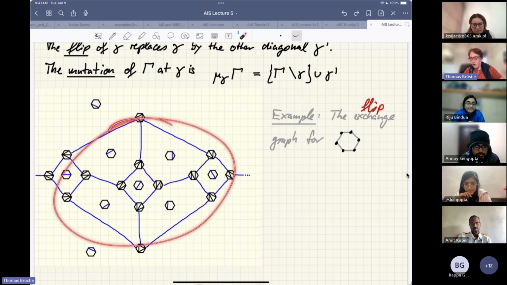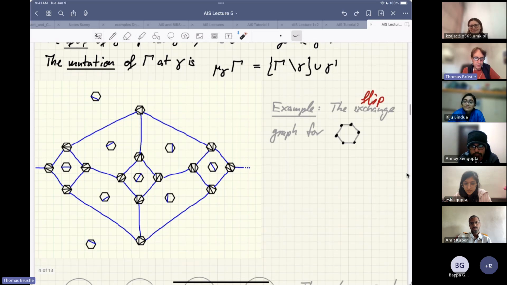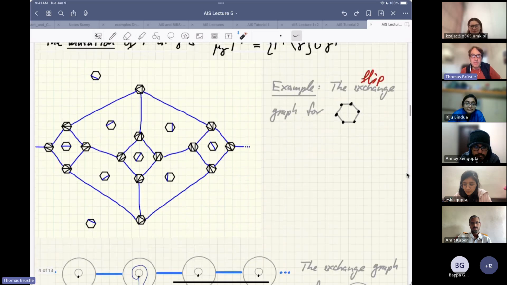So I find all possibilities, all triangulations of the hexagon. There are how many? 1, 2, 3, 4, 5, 6, 7, 8, 9, 10, 11, 12, 13, 14. And they are related by flips or mutations in that way. You can do that relatively easily. I find that actually easier than computing the exchange graph for the cluster algebra. It's very visual. I think this is easy to do. Okay, that's fine.